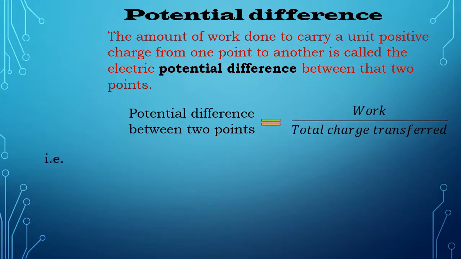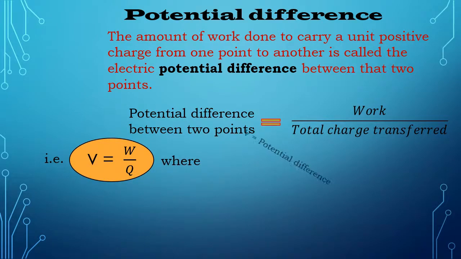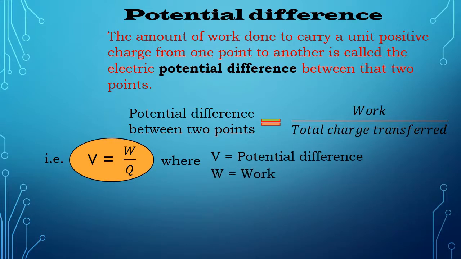That is, V is equal to W upon Q, where V is the potential difference, W is work and Q is total charge transferred. Let us see the units now.